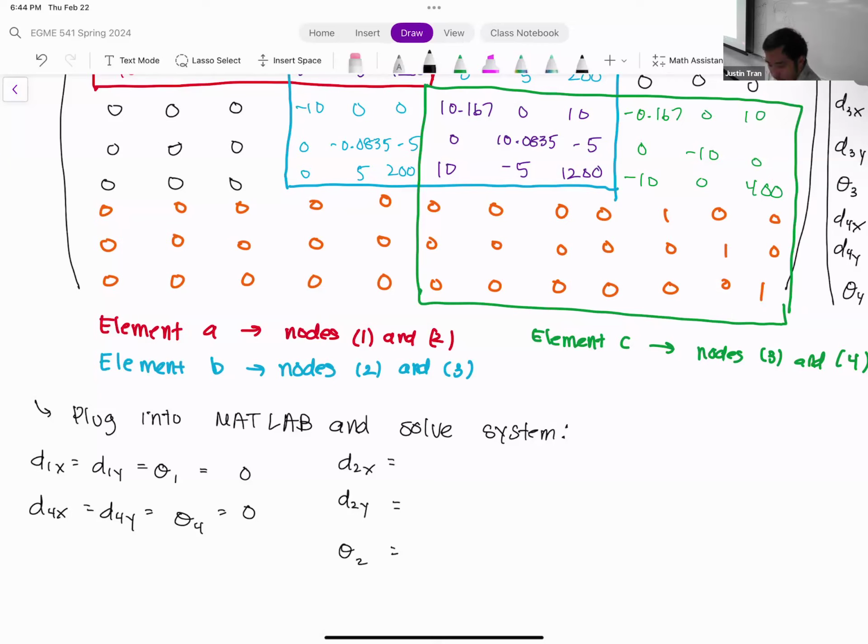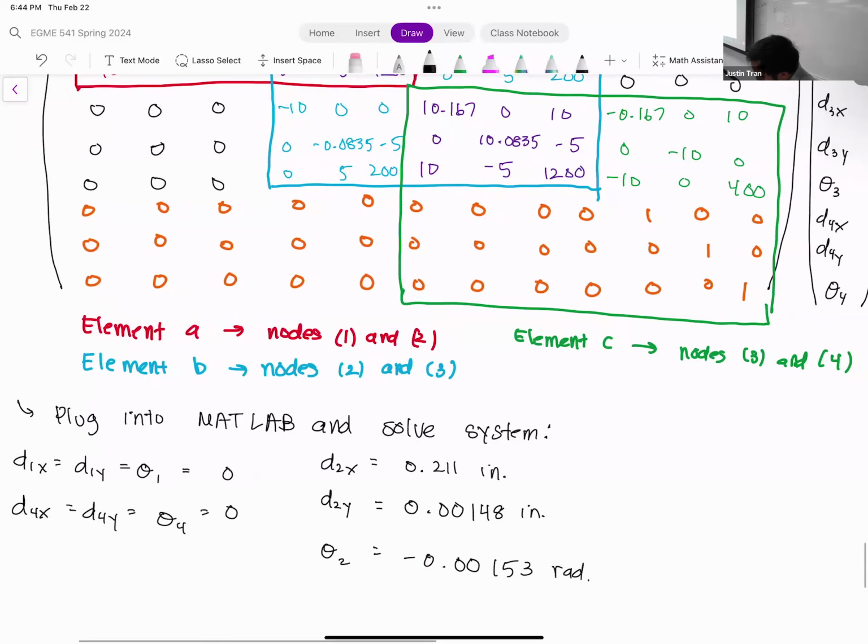All right, next we have the deformations at node 2. So d2x is going to be 0.211 inches. d2y is 0.00148 inches. And theta 2 is minus 0.00153 radians. Okay. And then we have the deformations at node 3. So we have d3x, d3y, theta 3. D3x here is 0.209 inches.